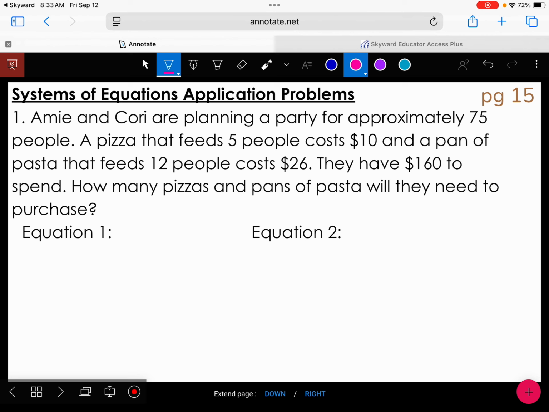So we need to figure out not only what equations to use, we need to figure out what variables we're using. I don't know what letters we're going to use in here. Shoot, at this point, I don't even know what we're looking for. What are the things that we don't know in this problem?